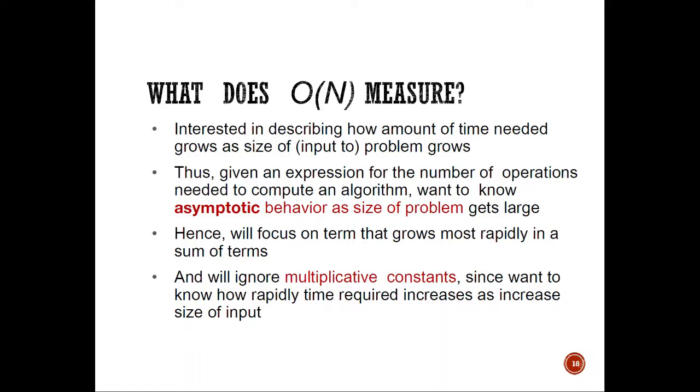Therefore, we will focus on the term that grows most rapidly in a sum of terms. As mentioned earlier, we will ignore additive constants and multiplicative constants, since we want to know how rapidly the time required increases without having to know the exact value.